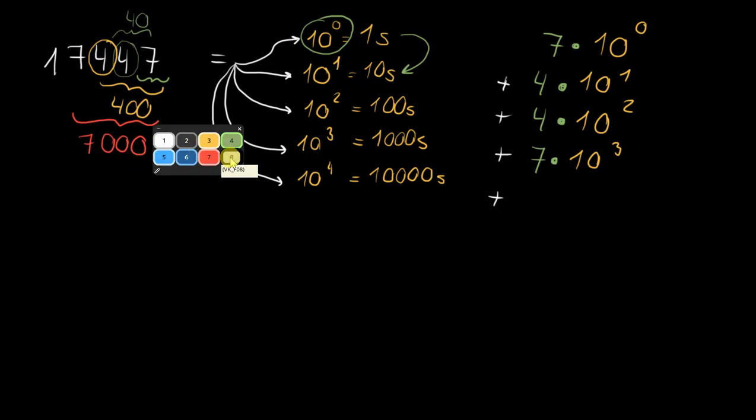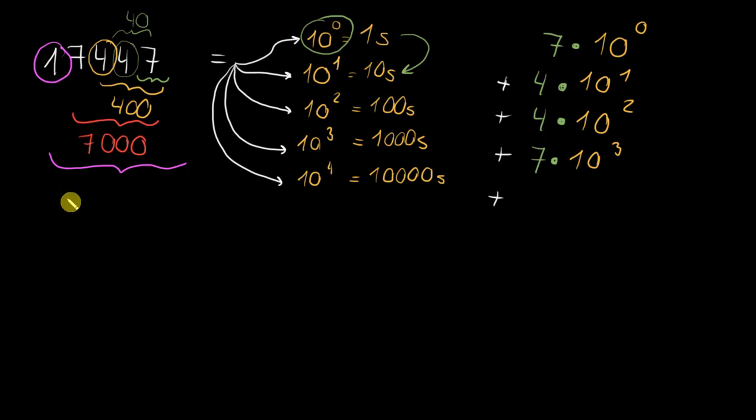Simply put, we have only 1 ten thousand, so we write down 1 times 10 to the power of 4. This gives us the breakdown of this number in the decimal number system.